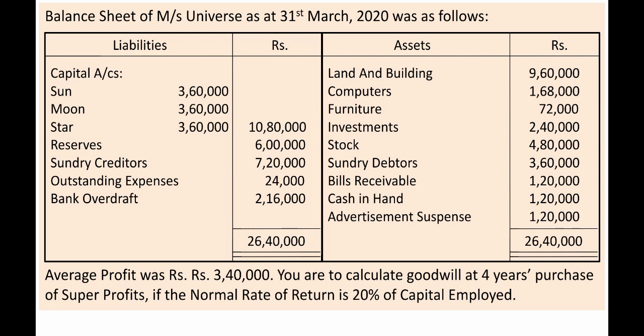Balance sheet of Messrs Universe as at 31st March 2020 was as follows. Liabilities and assets are given to us. Then average profit was rupees 3,40,000. You are to calculate goodwill at 4 years purchase of super profits if the normal rate of return is 20% of capital employed. Let's start our calculation.